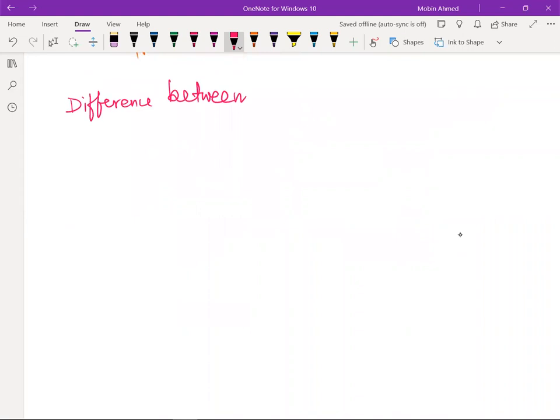Difference between X band and S band radar. Now, first of all, you should know that everything is going to depend on these two parameters, which change as per their frequency and wavelength.